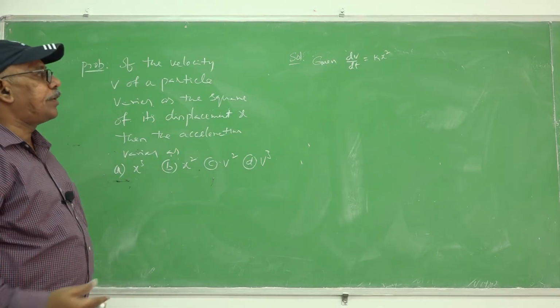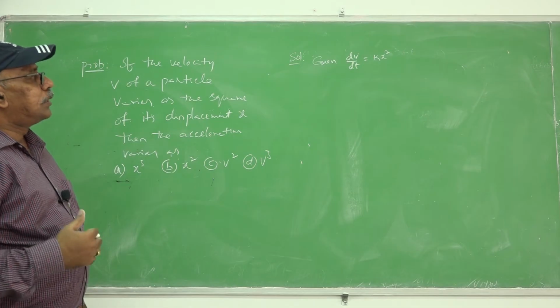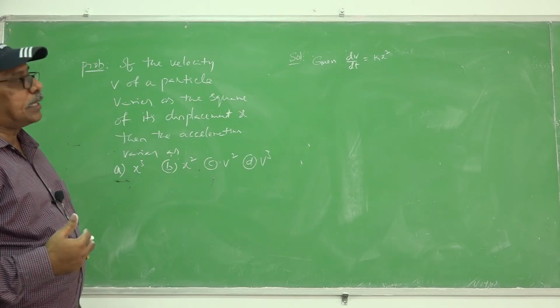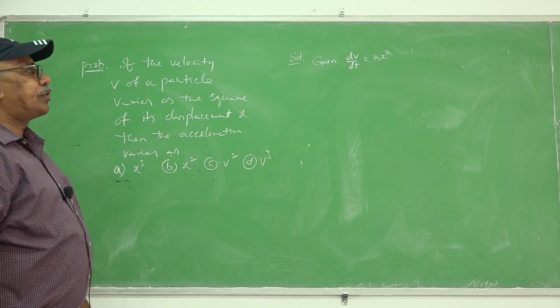Based on x square it will vary. That's why dv by dt is considered as k x square.